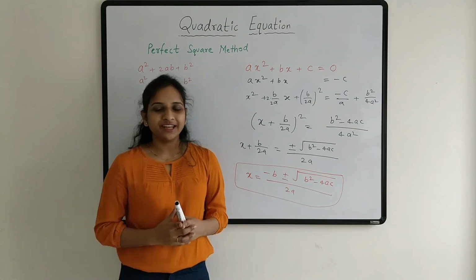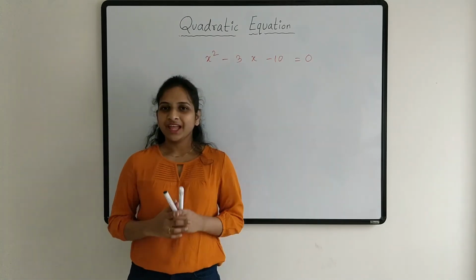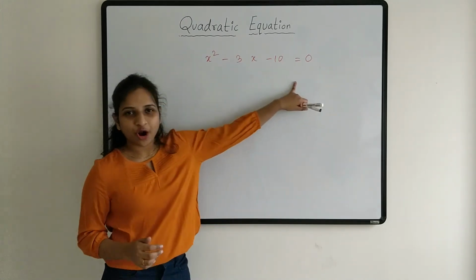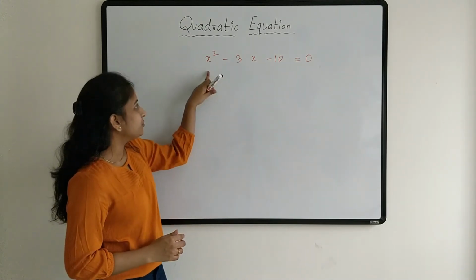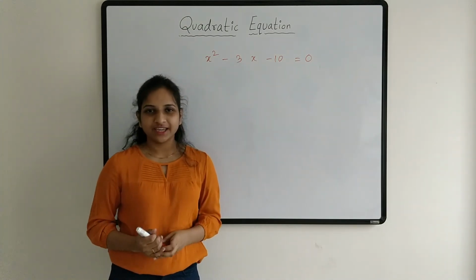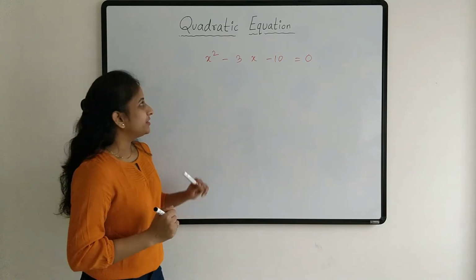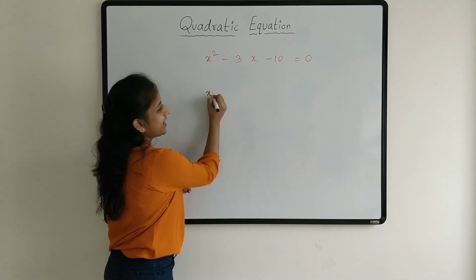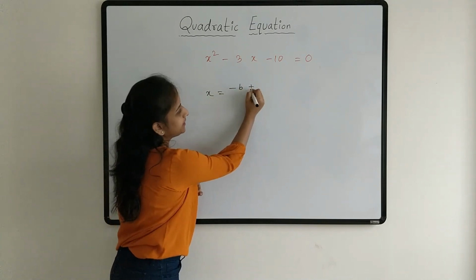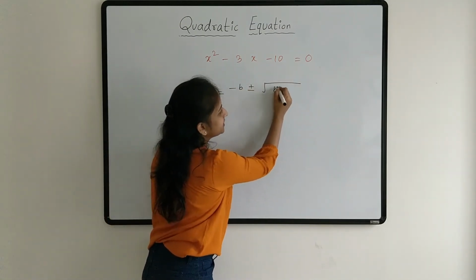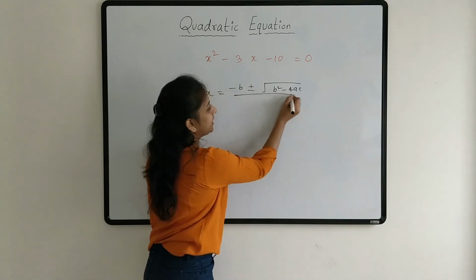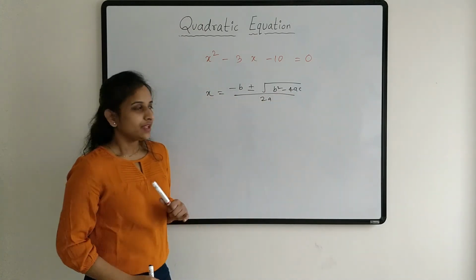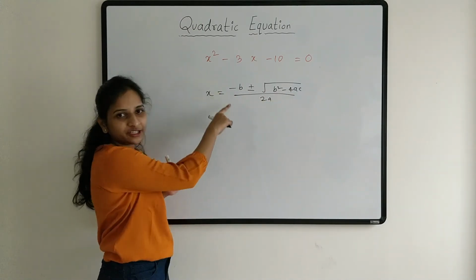Now let's look at one example. Let's find the roots of this quadratic equation: x square minus 3x minus 10 equal to 0. With the formula we can directly find the roots. What is our formula? x is equal to minus b plus or minus square root of b square minus 4ac, by 2a. Now let's substitute the values in this formula.